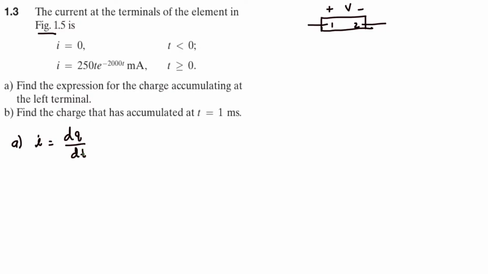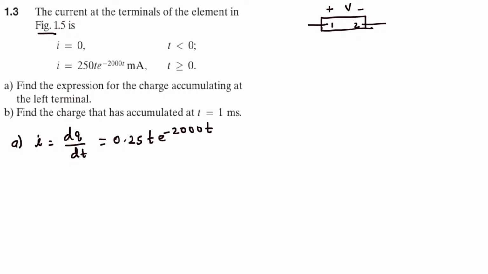If you differentiate the charge, that will give you current, and that is given by this right here, 0.25, because this is milliampere. If I convert it to ampere, this is going to be 0.25 t e^(-2000t), and that's going to be ampere.